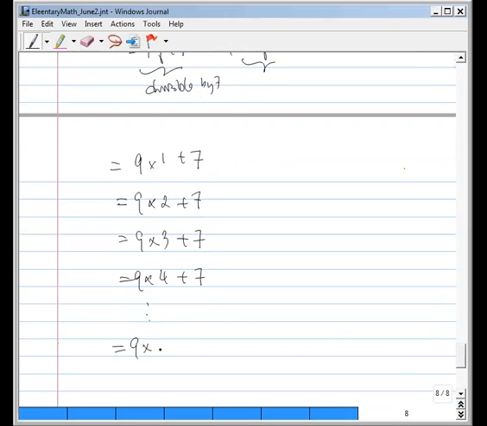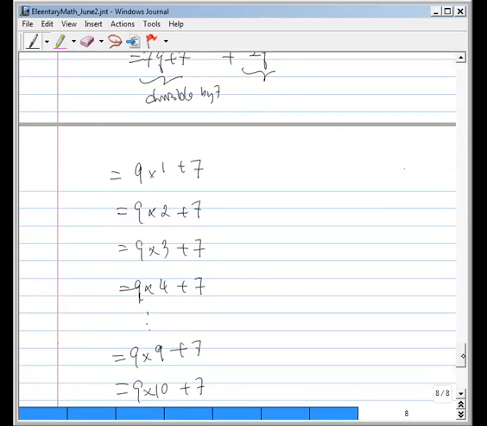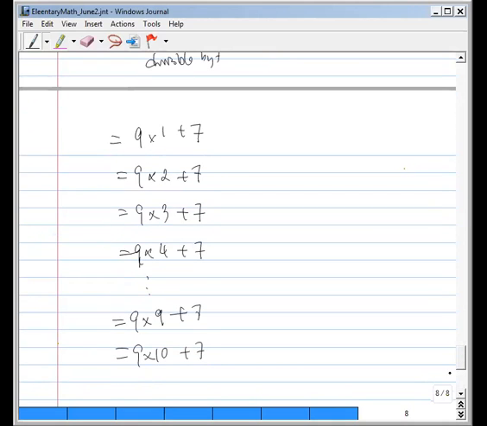The last one is 9 times 9 plus 7, since times 10 would not give a two-digit number. Then you check which one gives you the remainder of 5 when divided by 7. When you divide by 7, you really don't need to worry about the 7. You just need to figure out which number gives you the remainder of 5 when divided by 7.